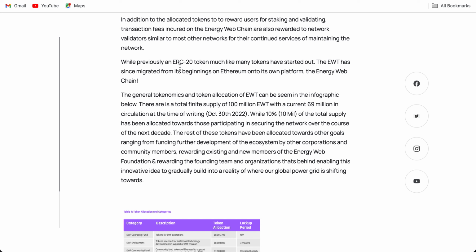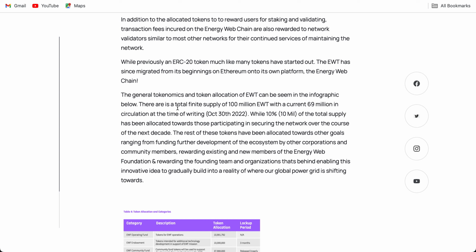While previously an ERC20 token, much like many tokens have started out, the EWT has since migrated from its beginnings on Ethereum onto its own platform, the Energy Web chain. The general tokenomics and token allocation of EWT can be seen in the infographic below.